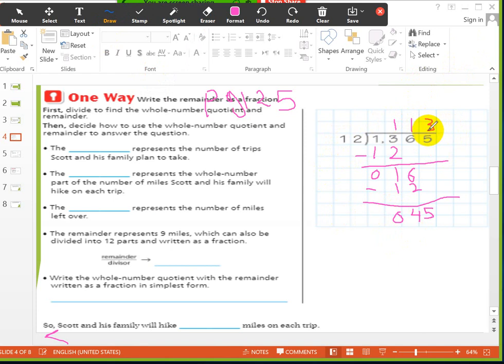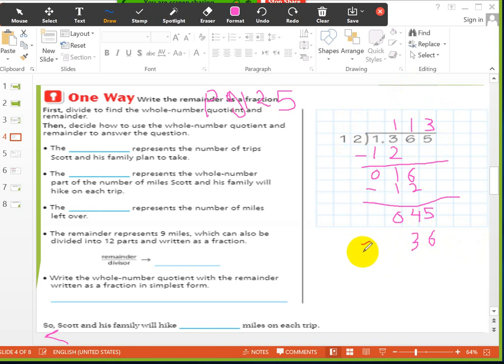What is the number that I will multiply it with 12? It will give me the closest answer to 45. It will be 3. Now, 3 multiplied 12 equals what? 3 multiplied 2 equals 6, and I will write it here. And 3 multiplied 1 equals 3. Now I will subtract.